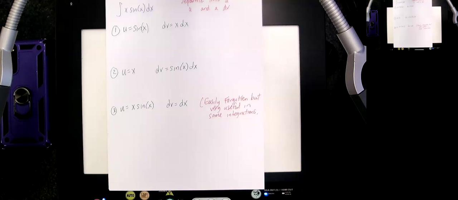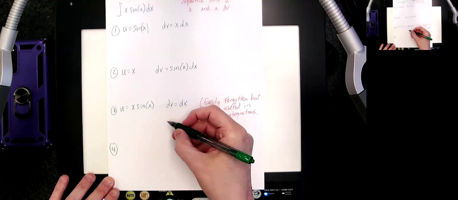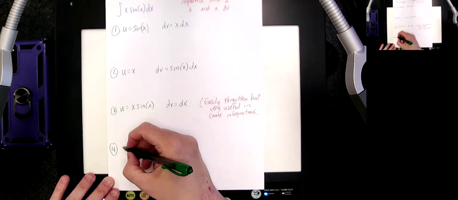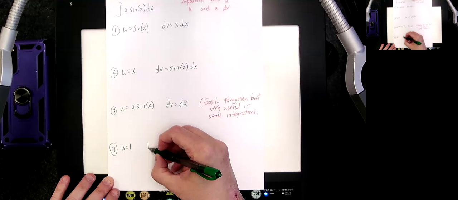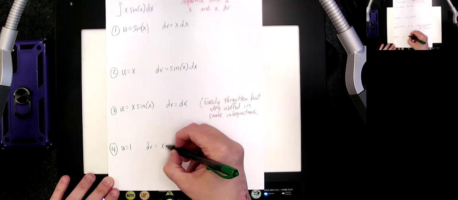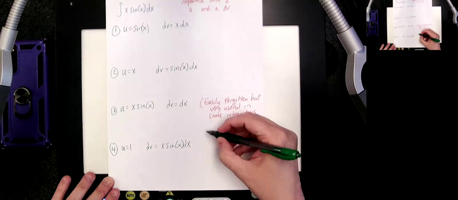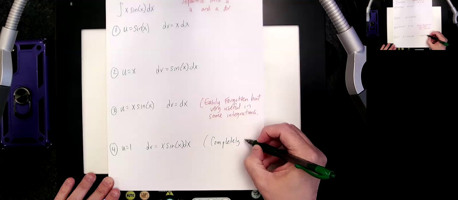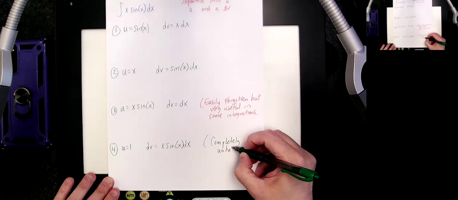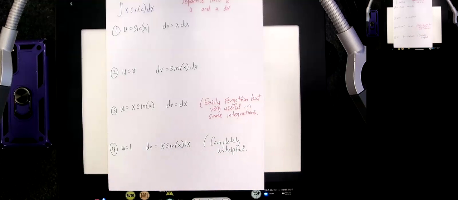And the fourth option, it is technically an option, but you would never use it. Saying u equals 1 and dv equals x sine x dx, because this is completely unhelpful. This is what we started with, and so it's not helping, right?